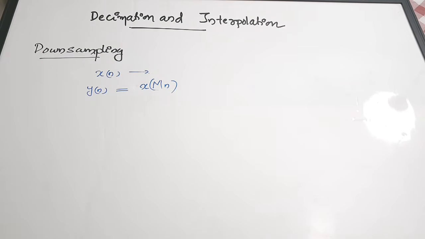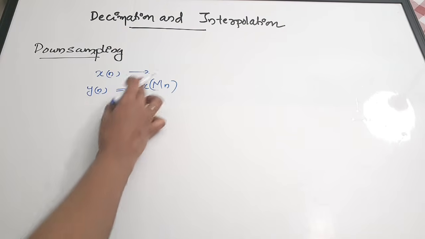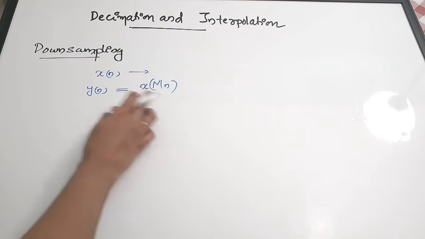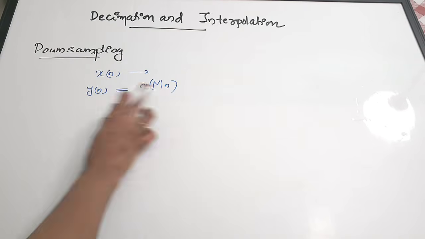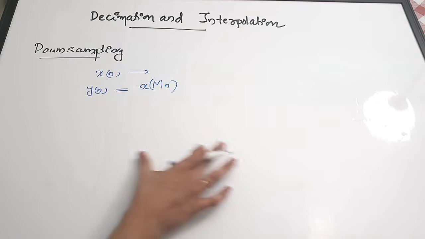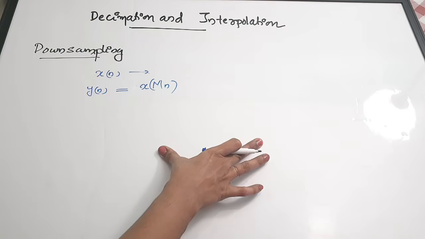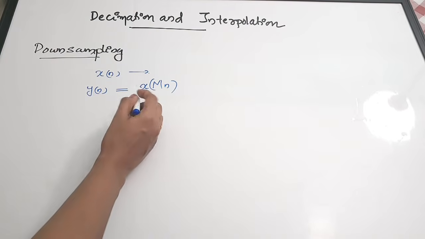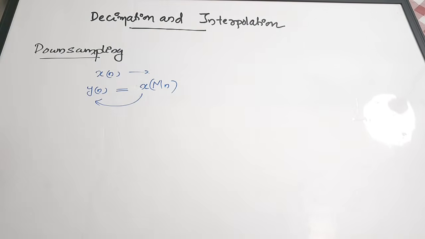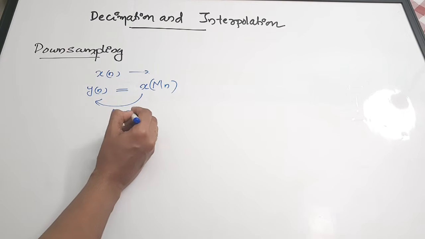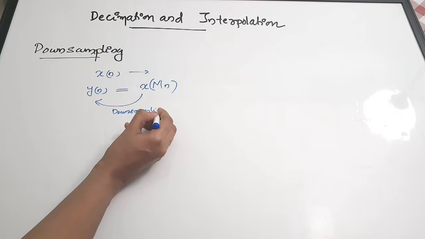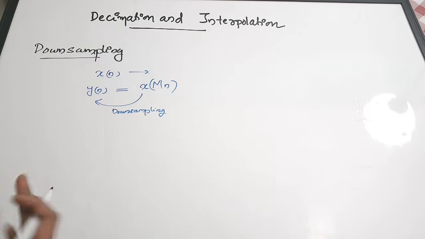We take only every Mth sample from this x of n. This x of n originally has N samples, but to produce the output y of n by downsampling, we take only every Mth data and its multiples.